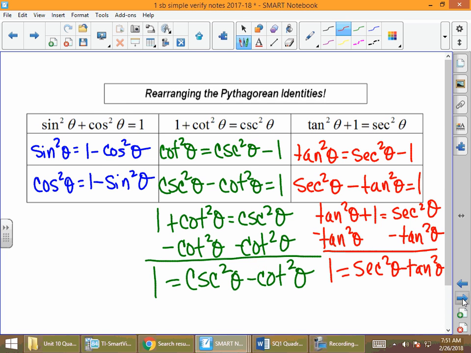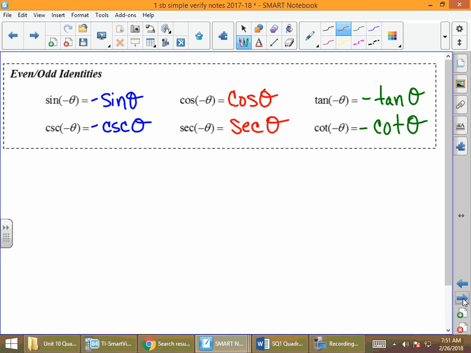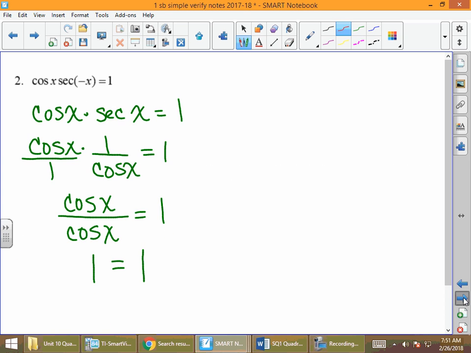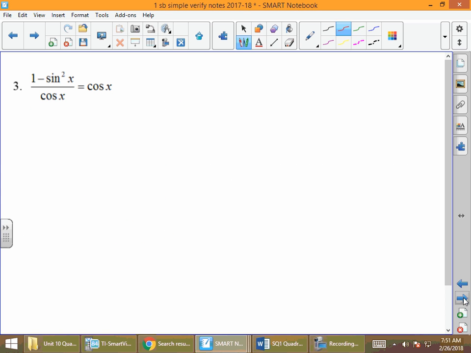But 1 minus sine squared over there on the left-hand side, 1 minus sine squared equals cosine squared. So we can use substitution here to fill that in. 1 minus sine squared, using substitution, is cosine squared of x divided by cosine of x.